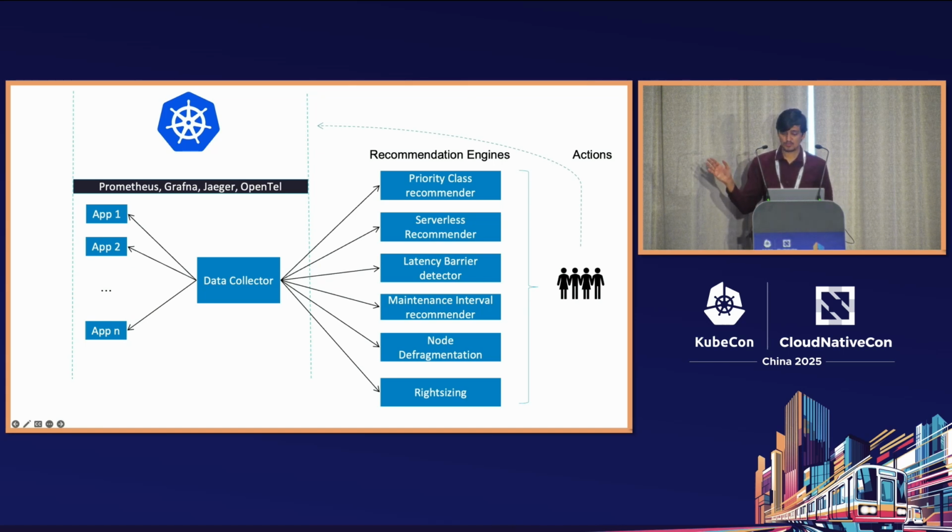Each of these engines is responsible for processing relevant data and performing a very specific set of steps in the algorithm to generate the recommendation. We will see a couple of examples of that as well. It then focuses on targeting the specific applications and the users who are going to be taking the actions on them. And if any alerting is needed, it is customizable as well.